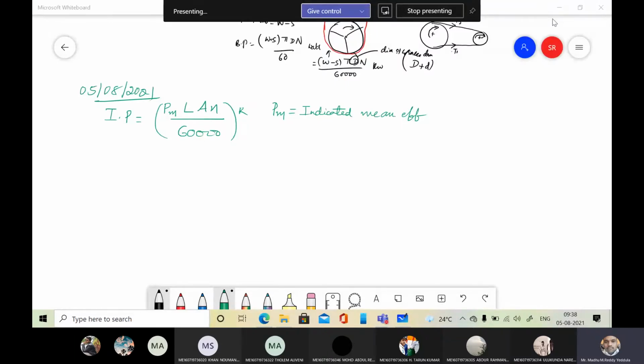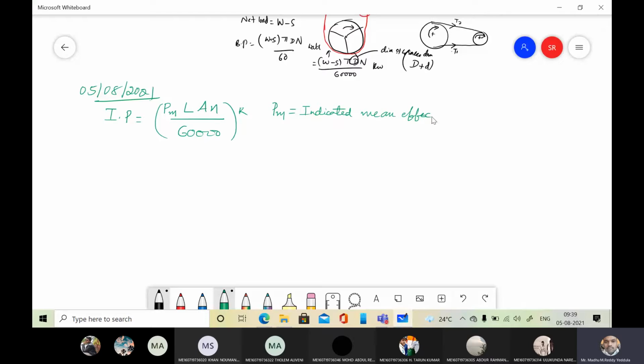Yes, sir. Right. So indicated mean effective pressure is in bar, or we can convert it into Newton per meter square. Bar, or it may be Newton per meter square or mm square, depending on the requirement. L is the stroke length, SI unit is the meter.